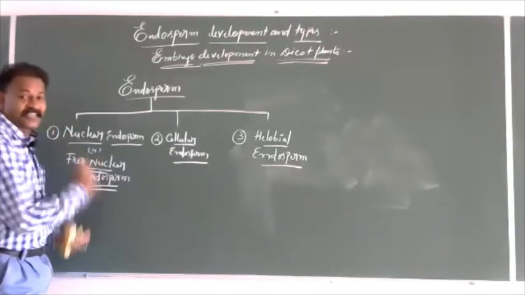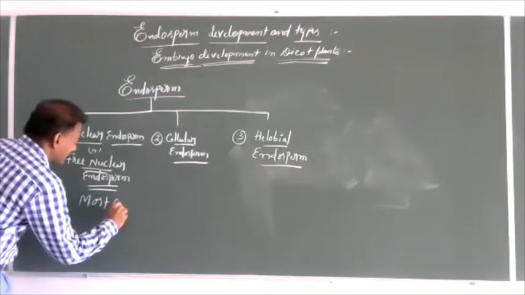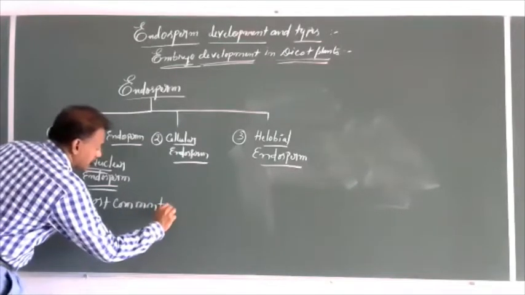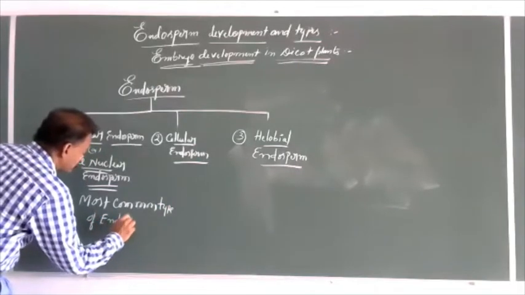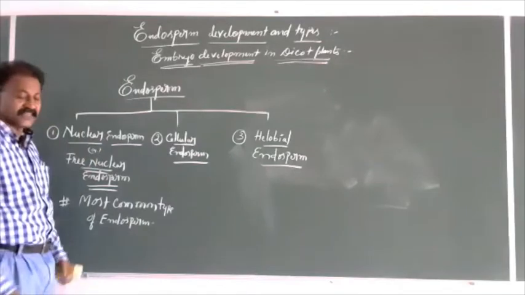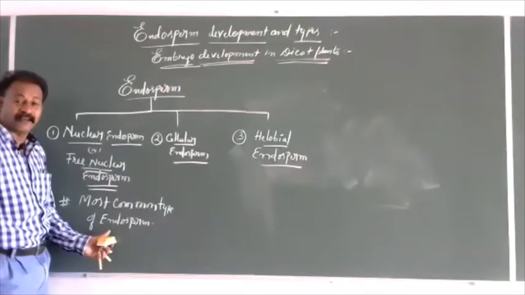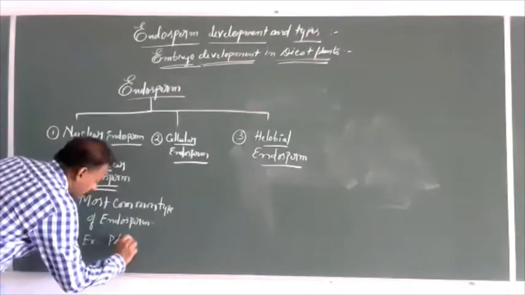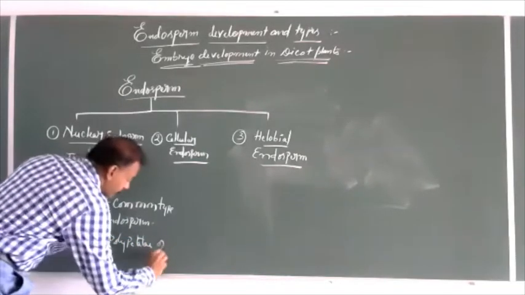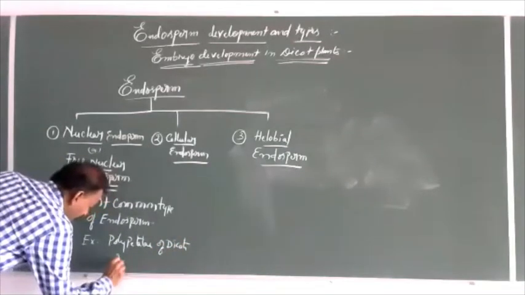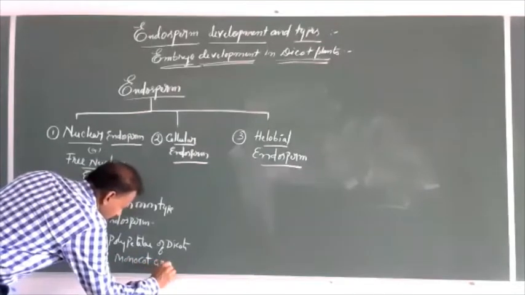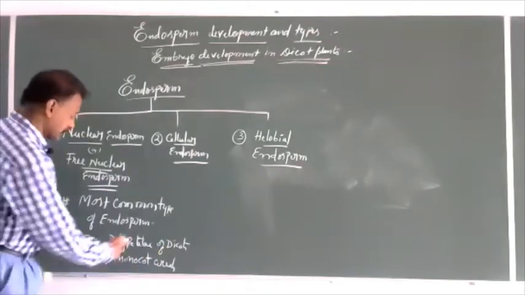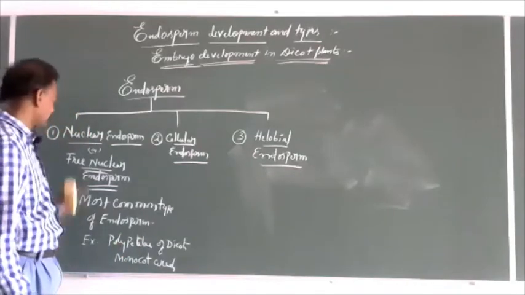First point, it is the most common type of endosperm, generally found in polypetalae of dicots, and most of the monocots, monocot cereals. What is this nuclear endosperm?